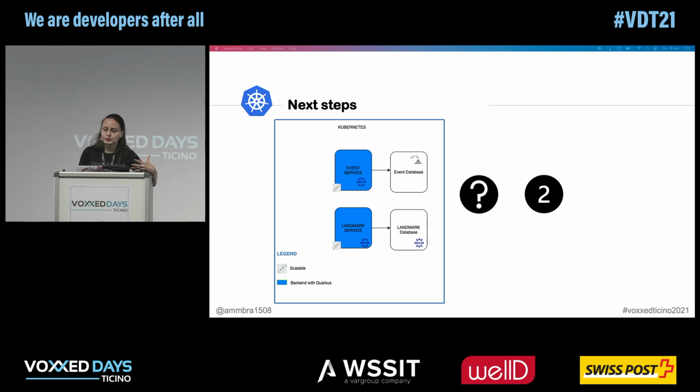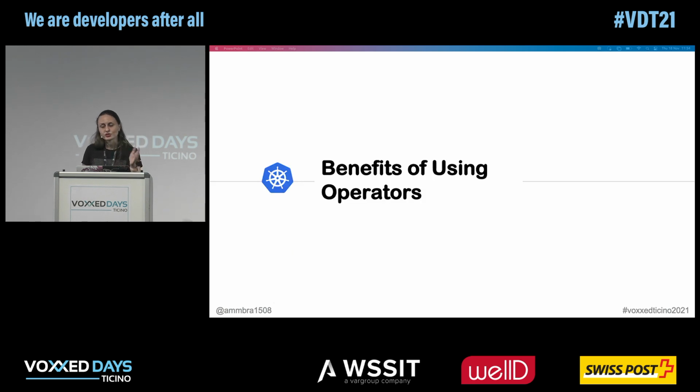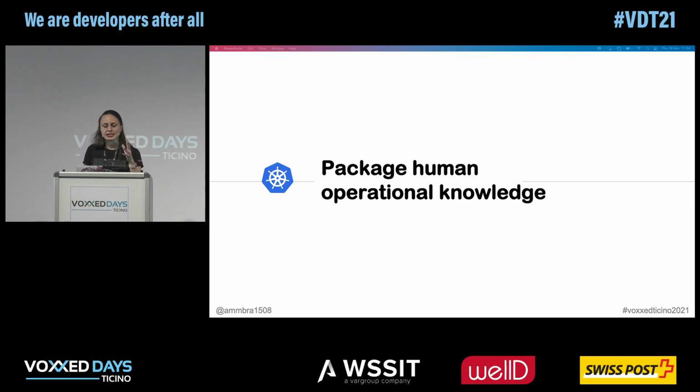So, using Helm to maintain stateful set objects, because that's actually part of that database that I deployed there, is a little bit difficult to do with just Helm. This is why using operators is better, because they not only package human operational knowledge, they also give you a way to better maintain objects that are not as easy to maintain with just Helm.